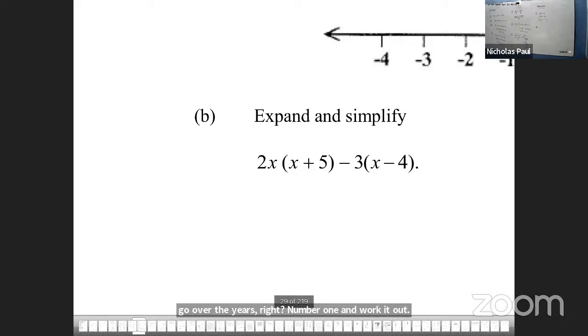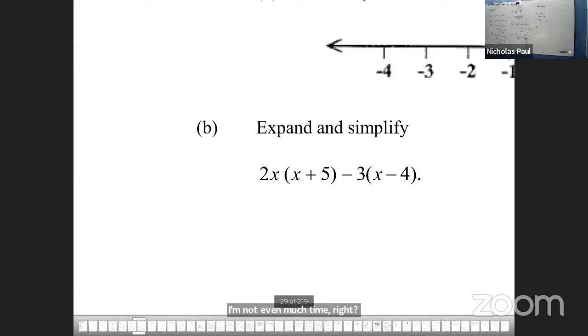Then when you finish, right, that's 2 marks, right?